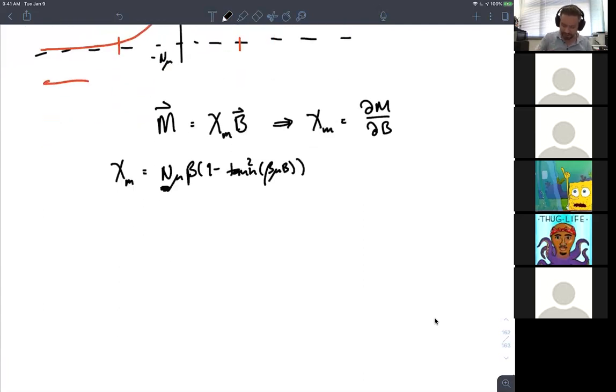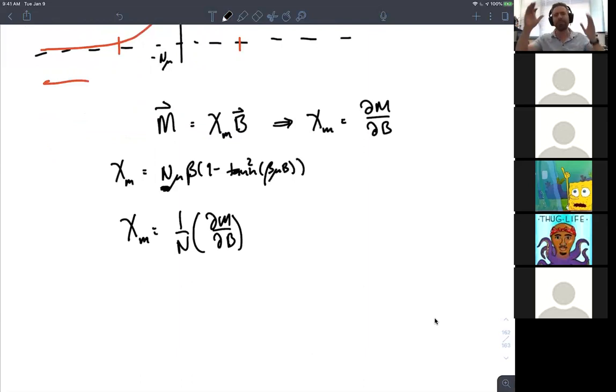So to get the magnetic susceptibility, you take this derivative with respect to B and then scale it by the number of particles, to give you something that's independent of the size of the material. But you get the idea.